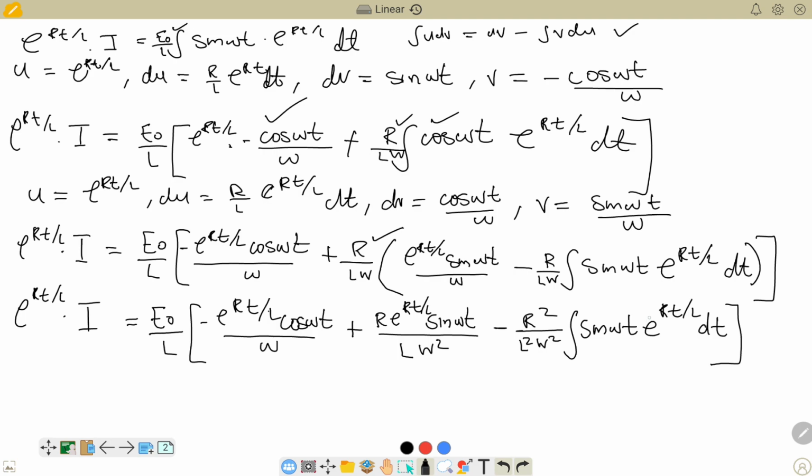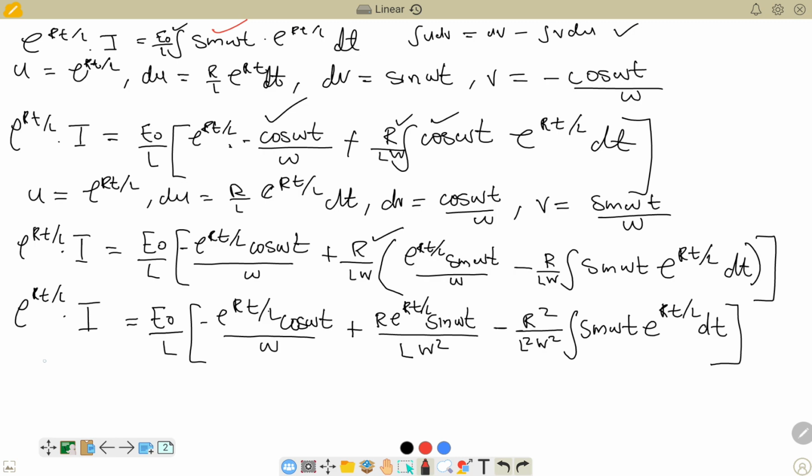So we need to replace it, because initially we said that if we look at this integral here, where I used the red marker, it is equal to that. We need to make that integral the subject of the formula.